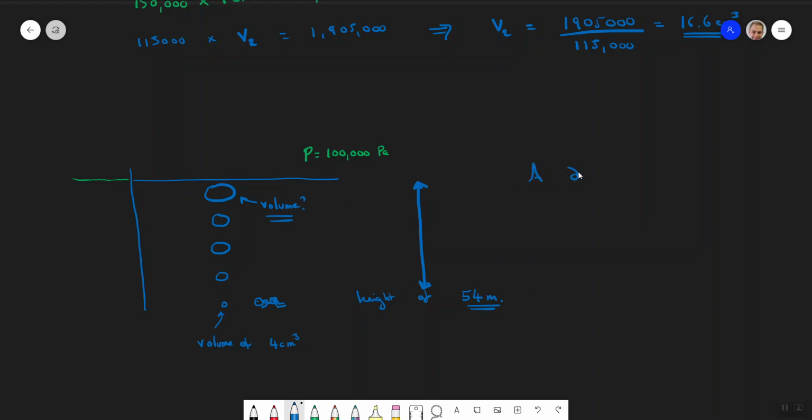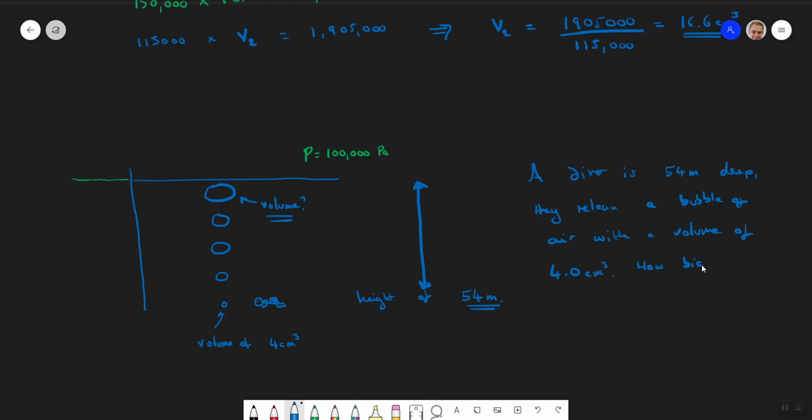Okay, so let's formalize that. A diver is 54 meters deep. They release a bubble of air with a volume of 4 centimeters cubed.